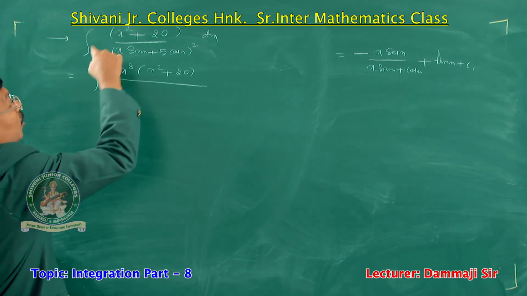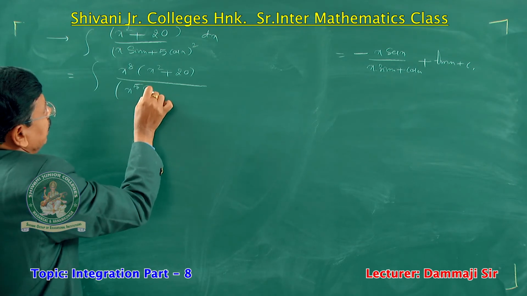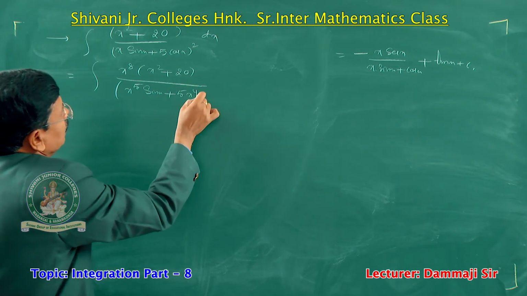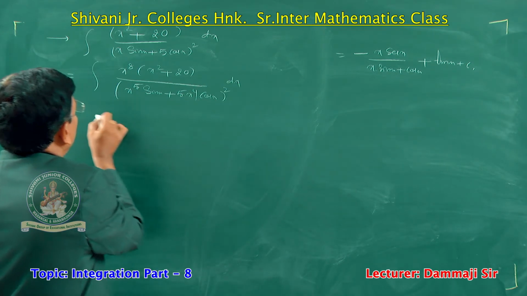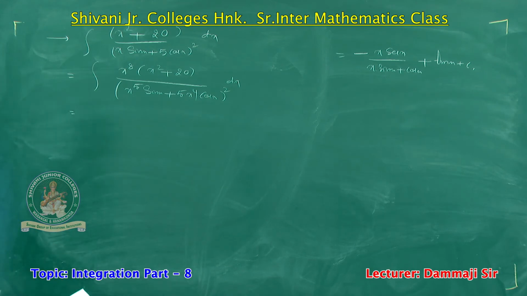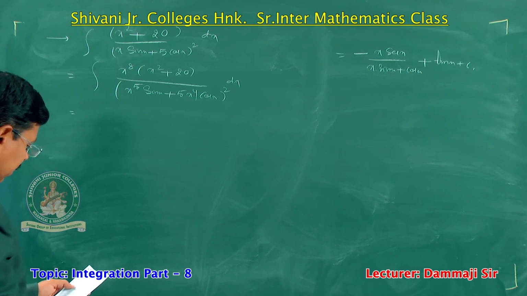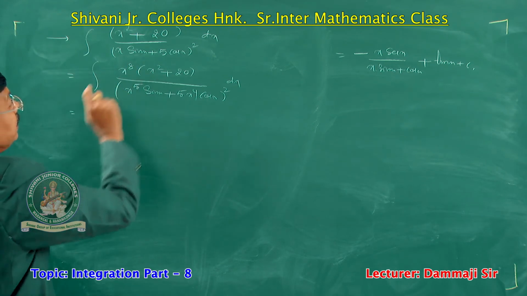That is, x power 4 whole square, that is (x power 5 sin x plus 5 x power 4 cos x) whole square. Okay, fine. What next? We have the result x power 8 into x square, which is x power 10.